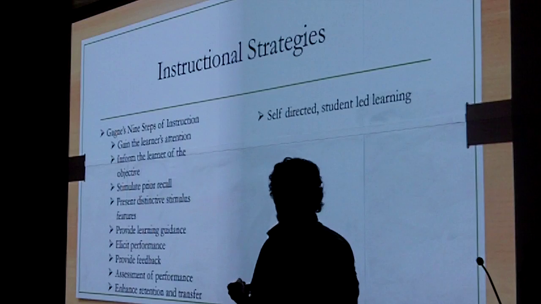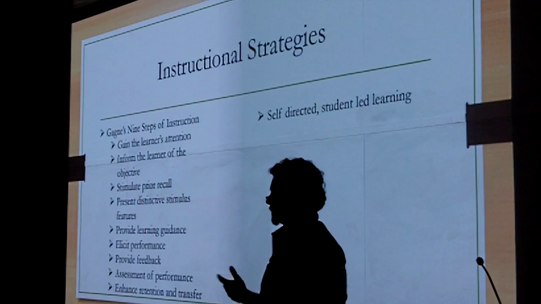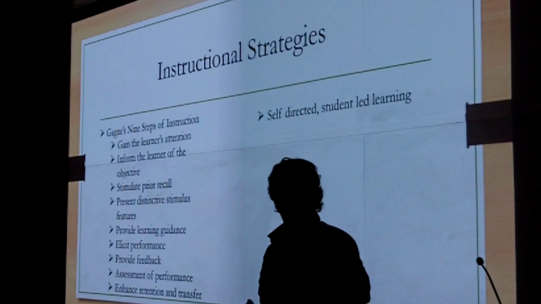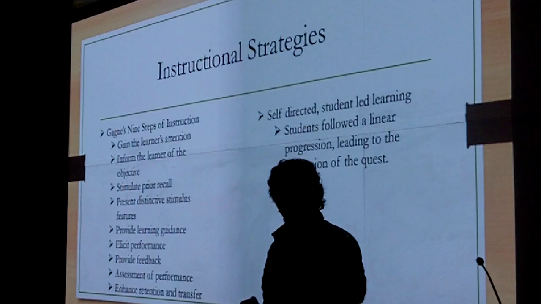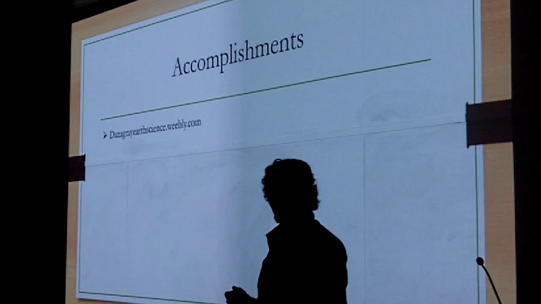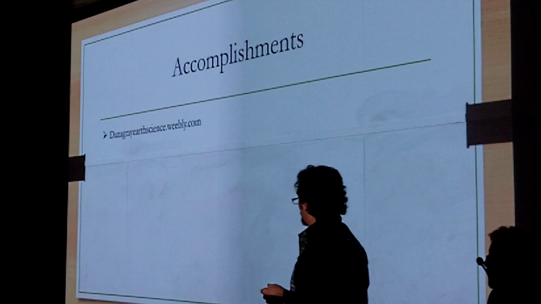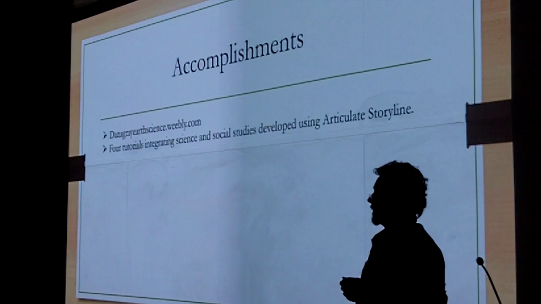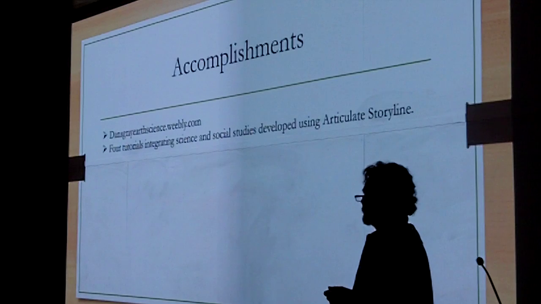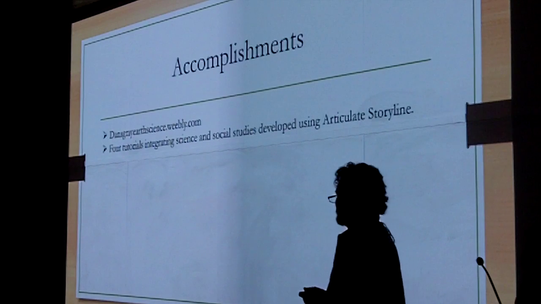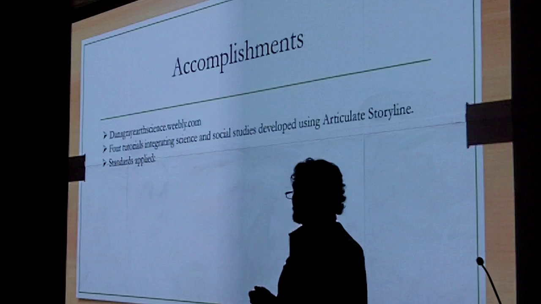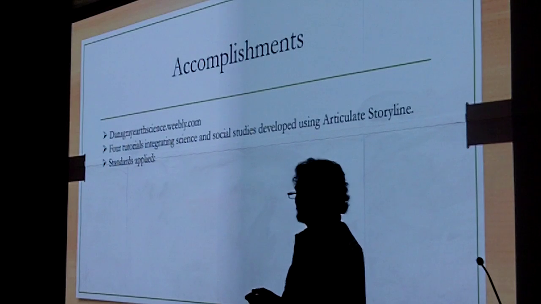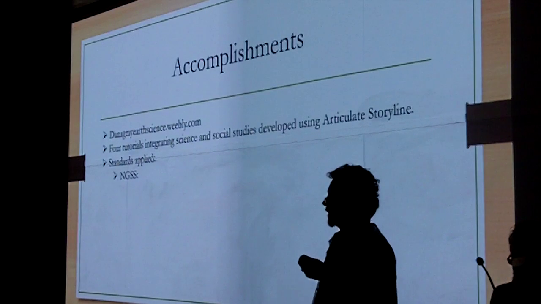And so I used Gagne's 9 steps of instruction, as a lot of other people have done as well. I decided to create this learning module using Articulate Storyline. I uploaded it to a website that I designed, and there are 4 tutorials integrating science and social studies together.